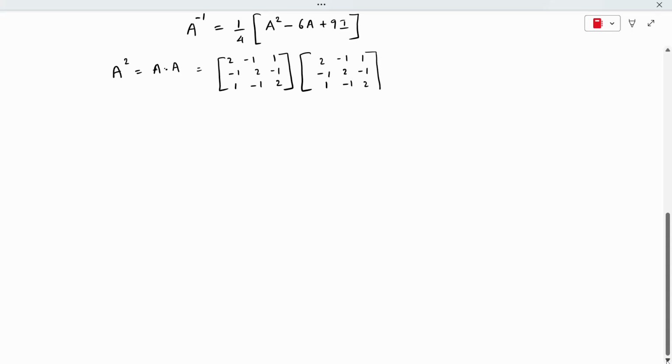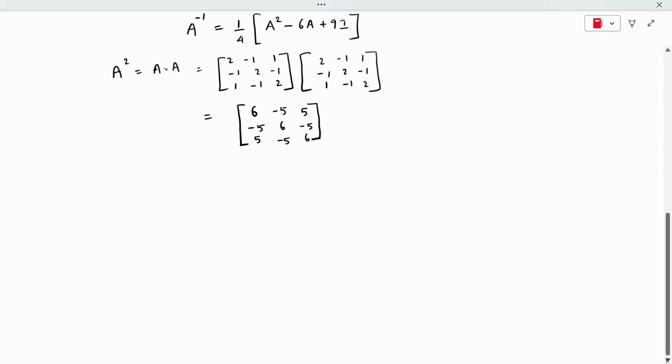Again one more time A: 2, minus 1, 1; minus 1, 2, minus 1; 1, minus 1, 2. Matrix multiplication, you can do it without a calculator or use the calculator. So we got the answer: 6, minus 5, 5; minus 5, 6, minus 5; 5, minus 5, 6. So the A squared matrix has been calculated.